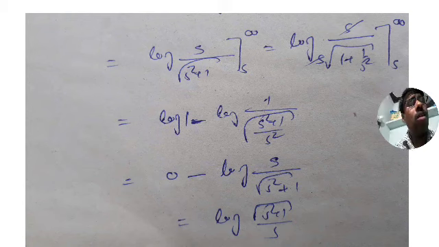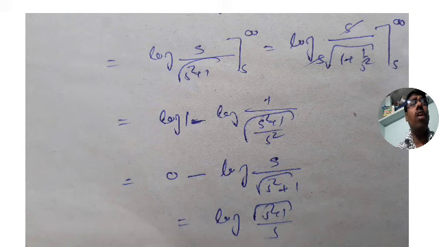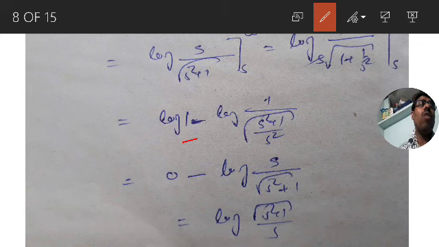As we did in the previous third problem, take s common. Here you have to take s square, because the square root is there. Take s square common outside of the root, that becomes s. S and s cancel, then upper limit minus lower limit. Upper limit gives log 1 minus log 1 by square root of s square plus 1 by s square. Log 1 is 0. The square root of s square is s.